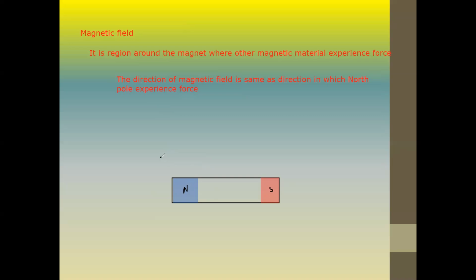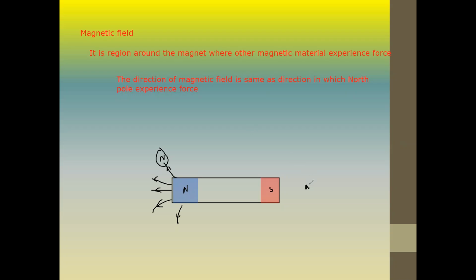If I place a North Pole here, anywhere, which direction will this North Pole move? It will move away. That is why the direction of the magnetic field is out from the North Pole. All the magnetic field lines point out, because the direction in which the North Pole experiences the force is known as the direction of the magnetic field.